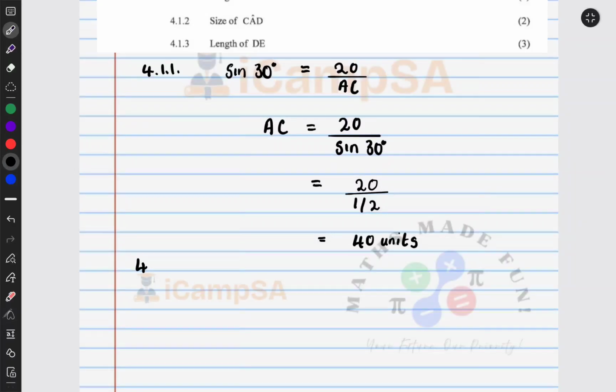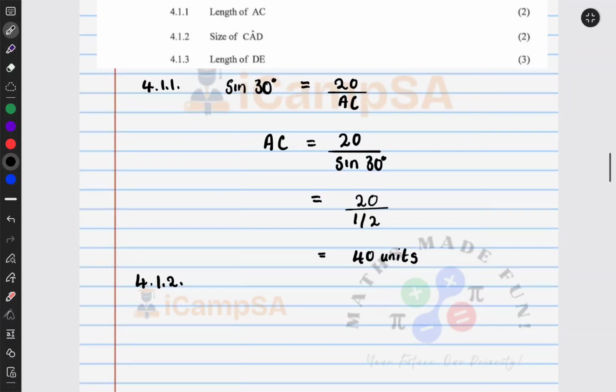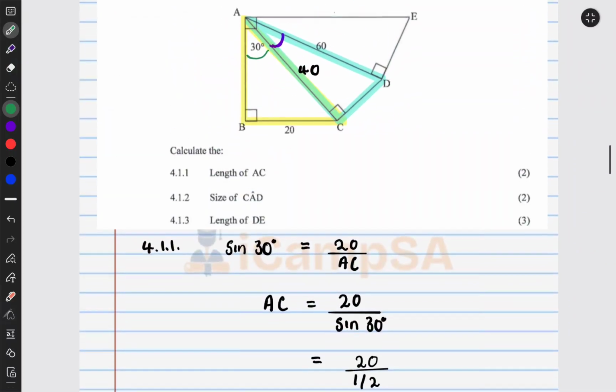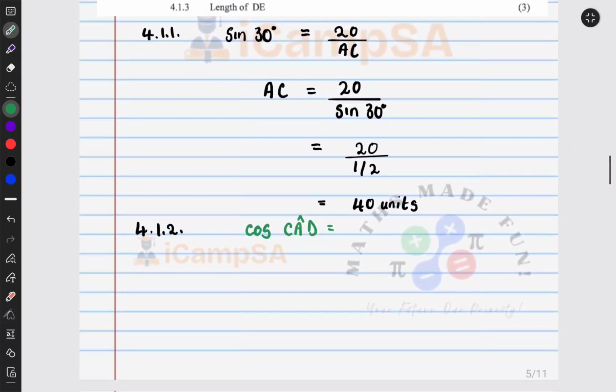So for 4.1.2, for angle CAD, we're going to use cos CAD is equal to the adjacent side over the hypotenuse. Which side is adjacent? It is AC.